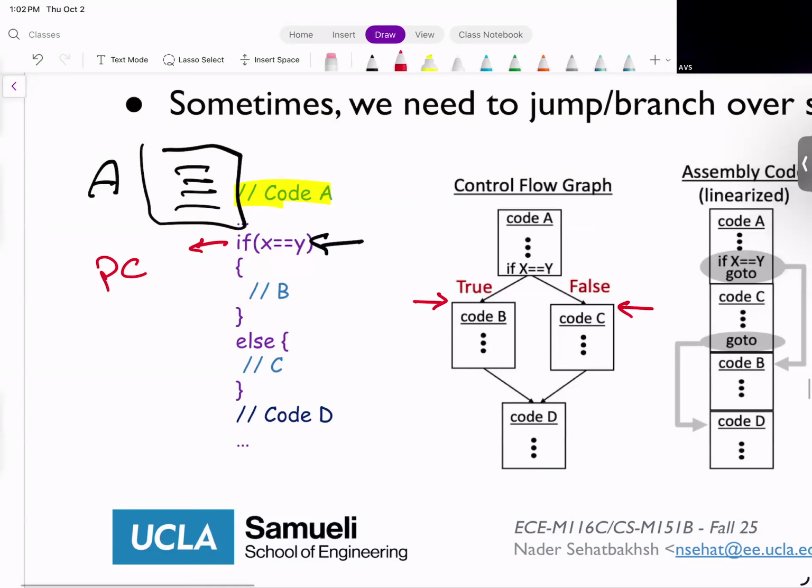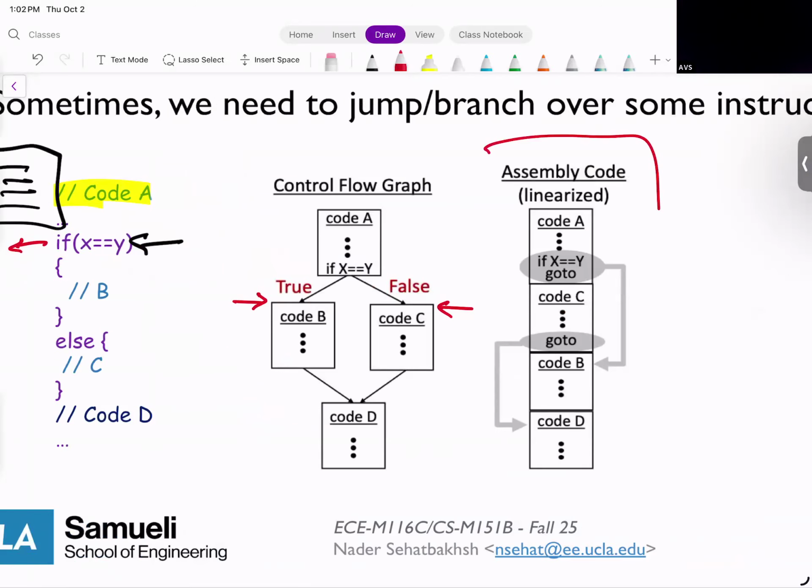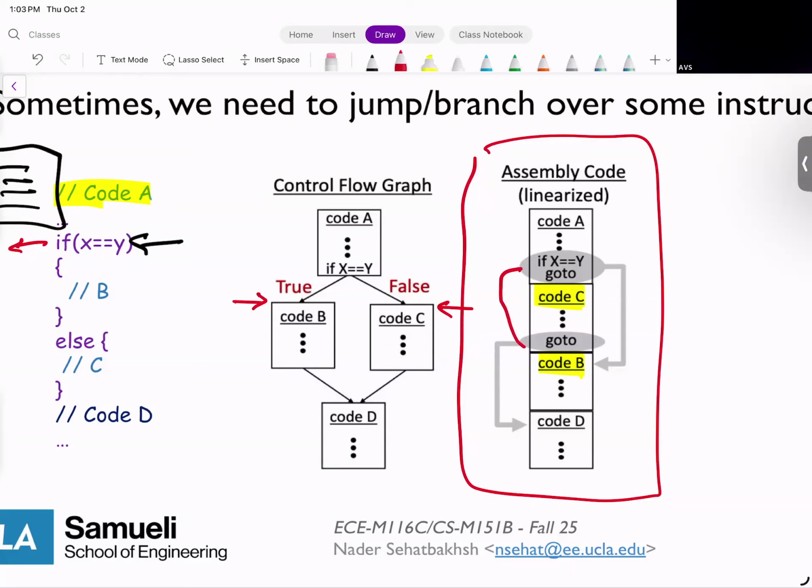Another challenge that you will see is that, remember I told you that memory is linear. This means that if I just put block A and just run it, PC plus 4, PC plus 4, at some place I need to jump over things. Either if I put, for example, C first and B next, if the branch is taken, I need to basically jump over this C block and go to the B block.